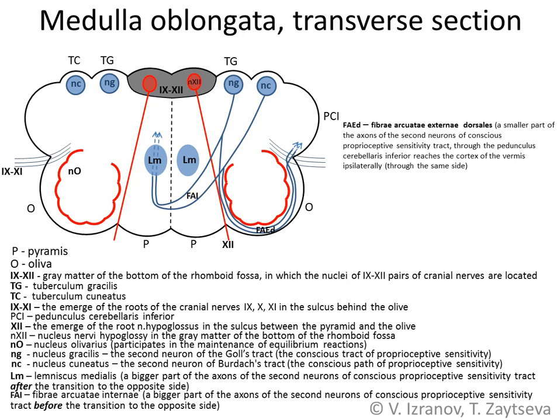So practically, the similarly designated fibers, fibra arcuata interna, contain about 80% of fibers from nucleus gracilis and nucleus cuneatus, and fibra arcuata externa dorsalis only 20%.